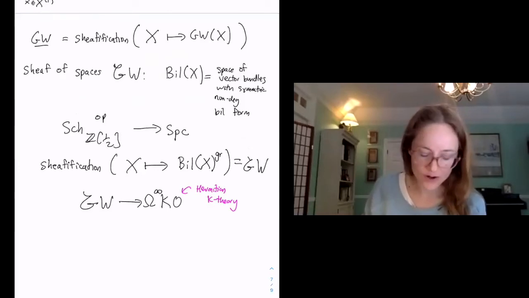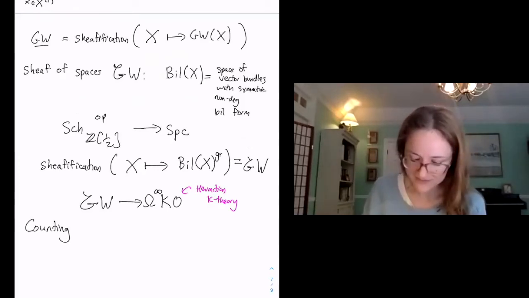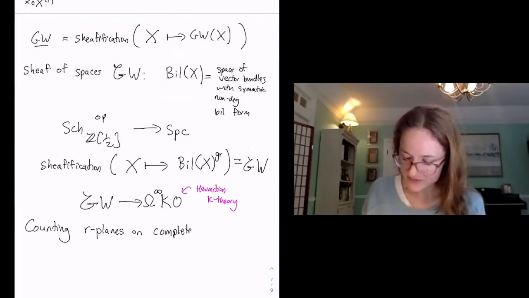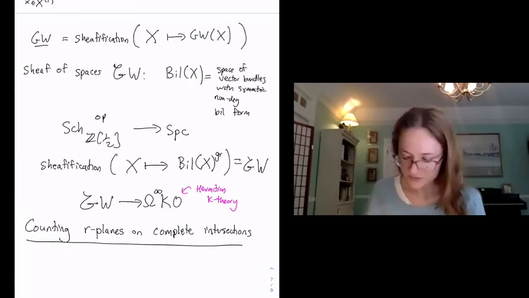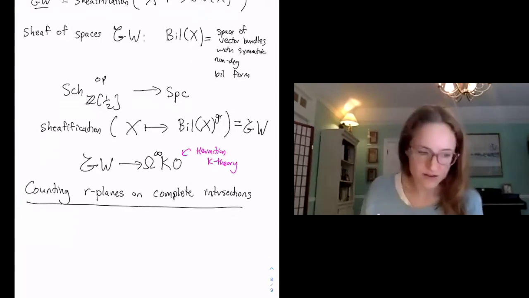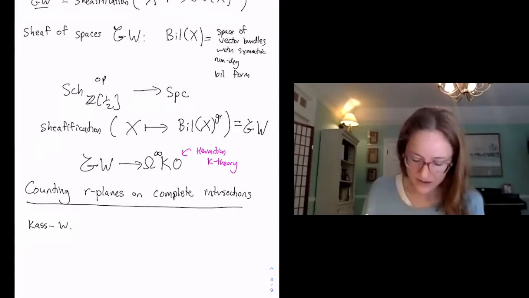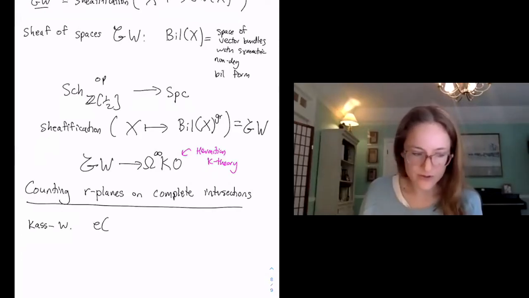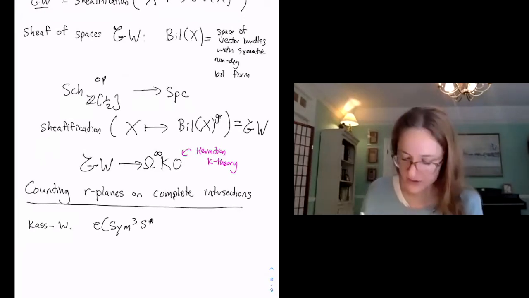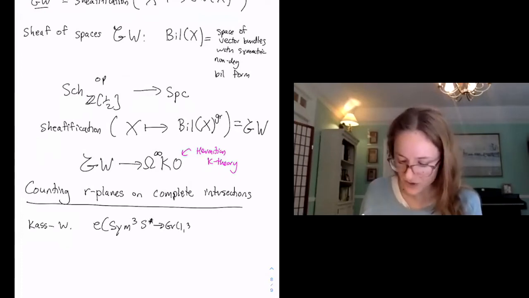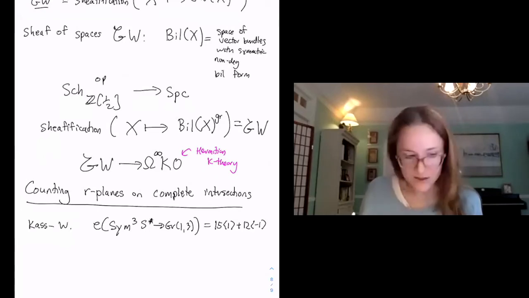Returning to counting R-planes on complete intersections. Let's list some things we know. In joint work with Jesse Cass, we computed a count of lines on a cubic surface, which is the computation of the Euler number for Sym^3 of S dual on the Grassmannian, and it is 15 plus 12 times minus 1.